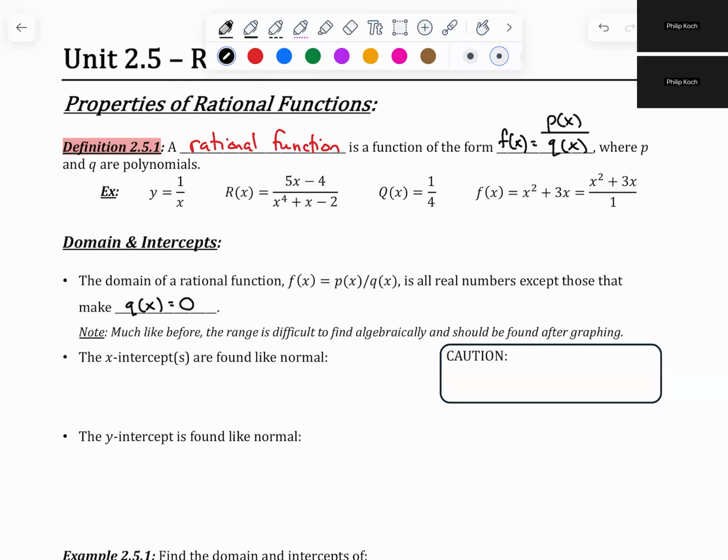The x-intercepts are found like normal. So you're going to set y equal to 0, that is, solve f of x equal to 0, which means p of x over q of x is equal to 0.